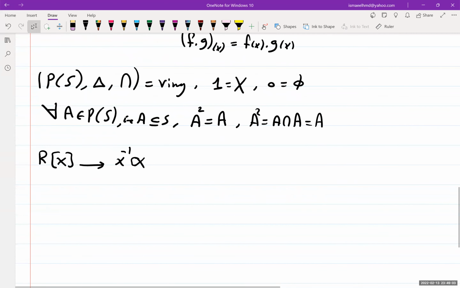We can sometimes adjoin to a ring R the inverse of X, or X and the inverse of X. Let's clarify. When we say R of X inverse, it's the same as R of X, but instead of any X in the polynomial, we write X inverse.